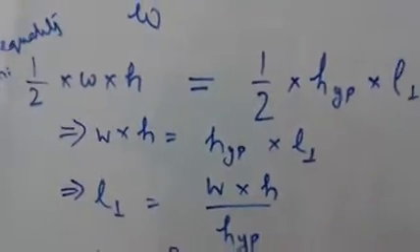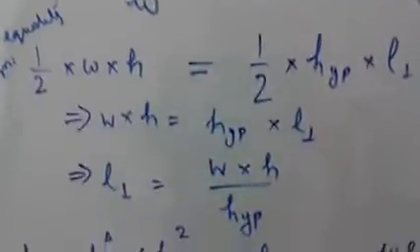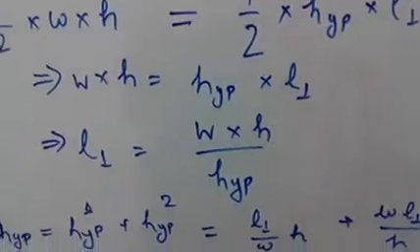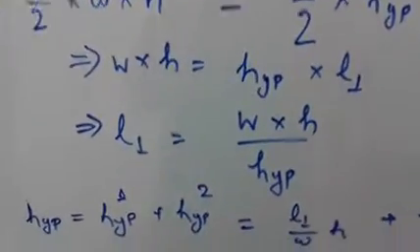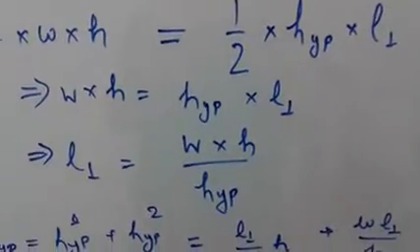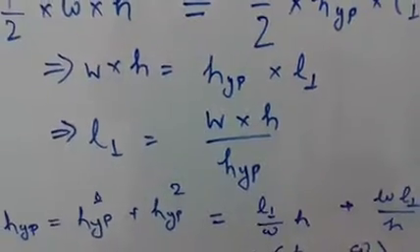Now, when we are looking at this particular area from these two viewpoints, the result must be the same. Therefore, we can say that w into h is equal to hyp into L perpendicular. Now, this means that L perpendicular is equal to w into h by hyp.